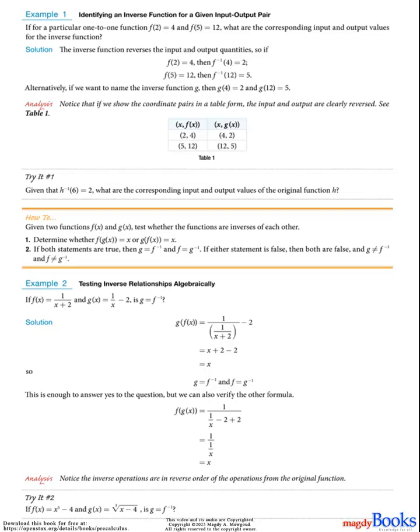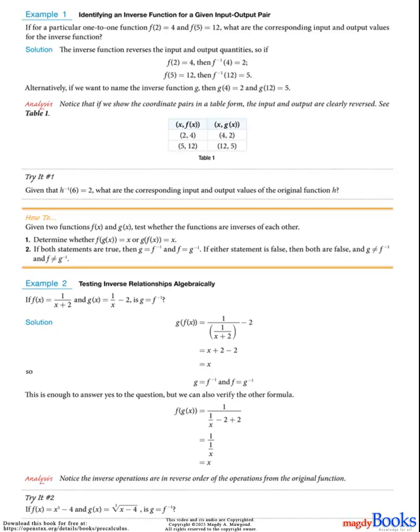Example 2. Testing inverse relationships algebraically. If f of x equals 1 over x plus 2 and g of x equals 1 over x minus 2, is g equal to f inverse?